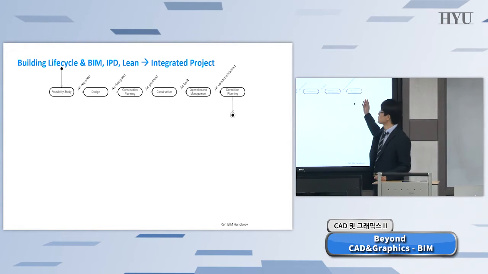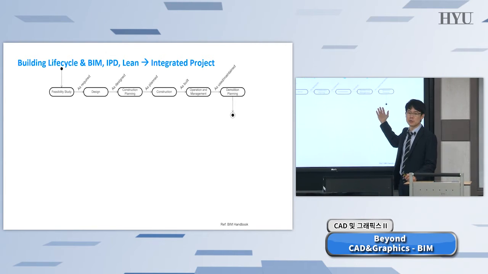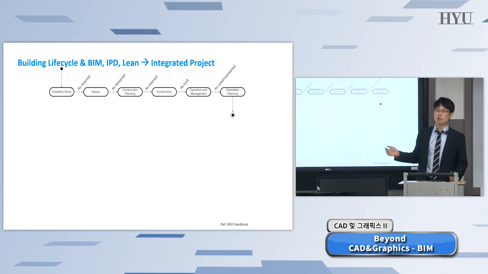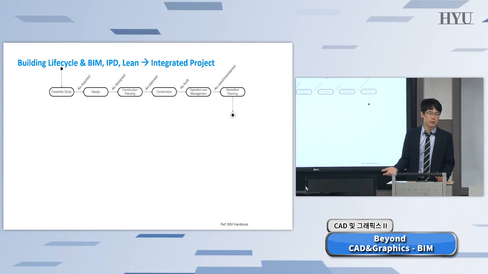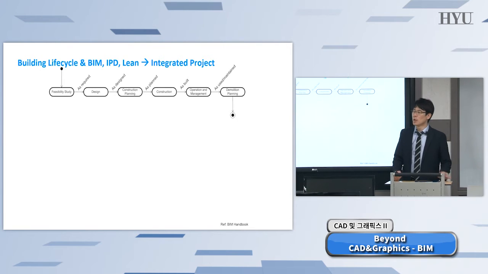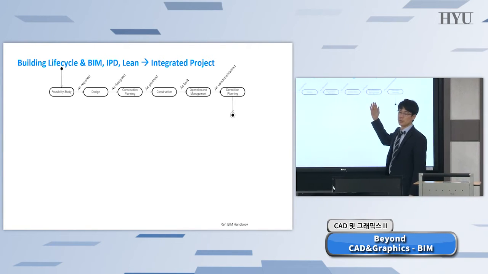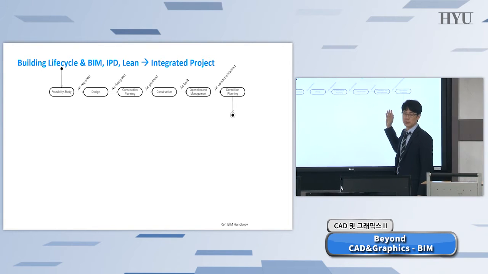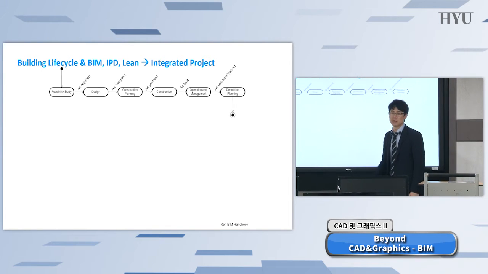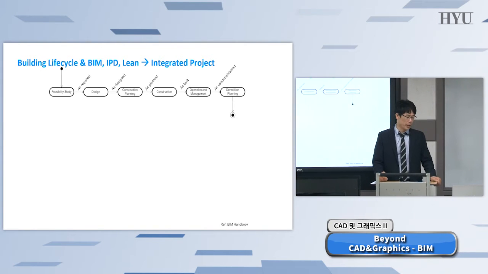This is one single simplified life cycle of a building, but probably this one can last 100 years, 200 years, or just 30 years. But anyway, the most important thing is operation and management is a long period, but others, especially design, comparatively not that long, okay?